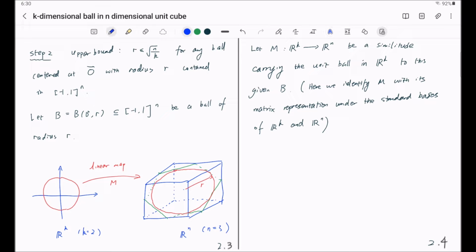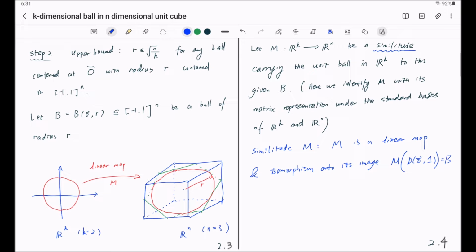Now, what do I mean by similitude? By this I mean M is a linear map and isomorphism onto its image, M of D(0,1) equal to B. B is this ball.